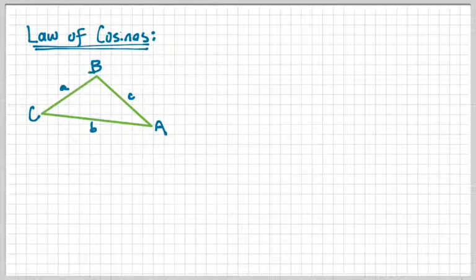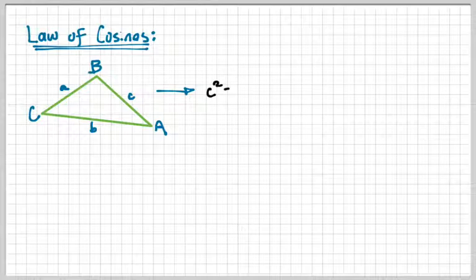Again, the opposite sides and angles correspond to each other with the same letter. So we derive the law of cosines formula, which will look like this from our proof.